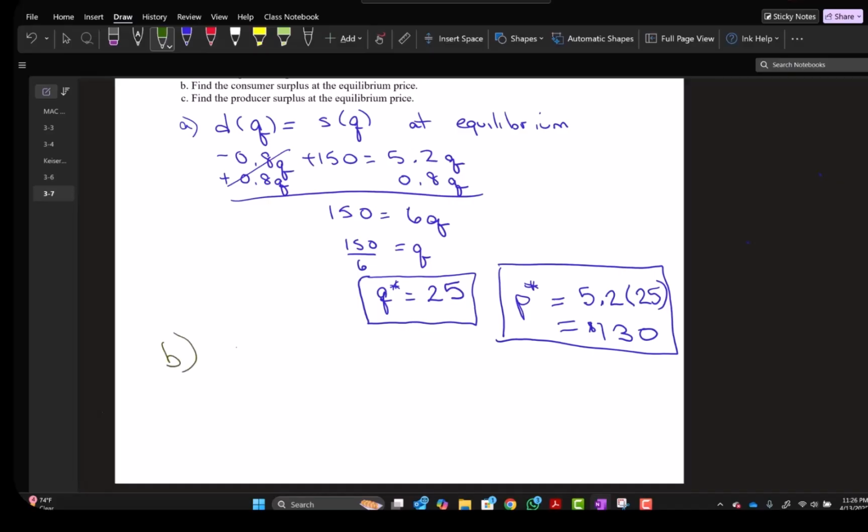The consumer surplus is equal to the integral from 0 to the equilibrium quantity, which is 25, of the demand function, and our demand function is negative 0.8 Q plus 150 dQ, minus the equilibrium price times the equilibrium quantity.